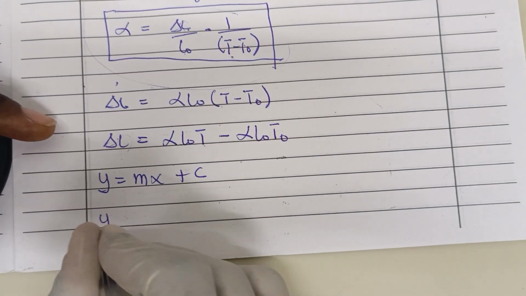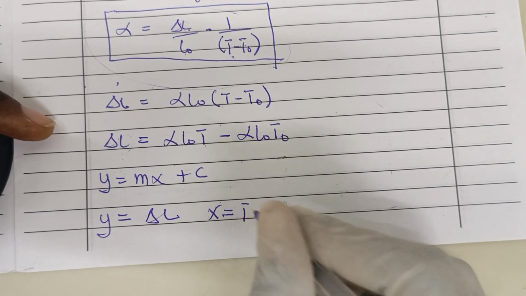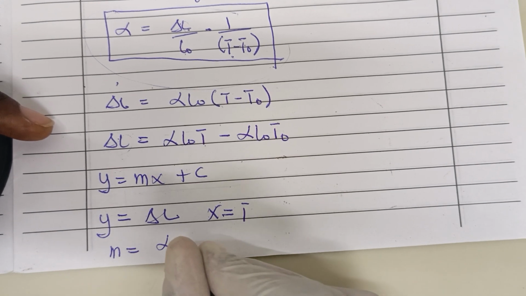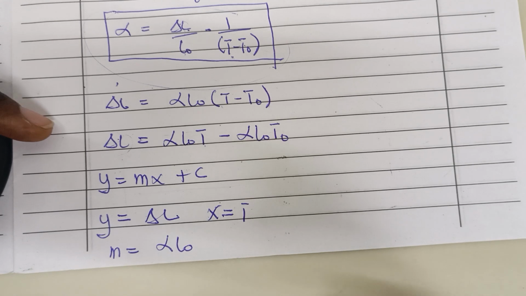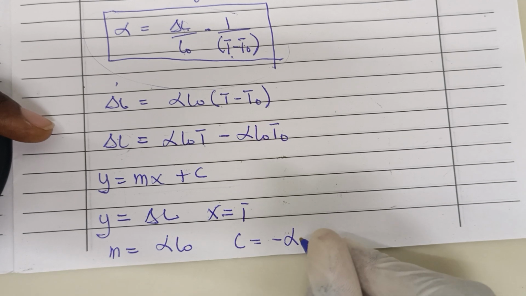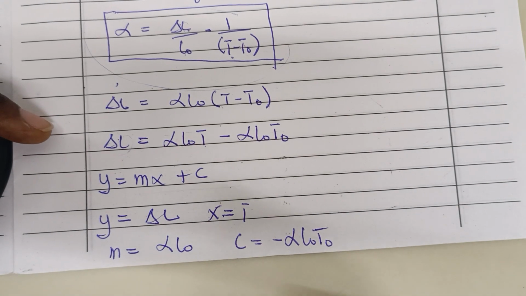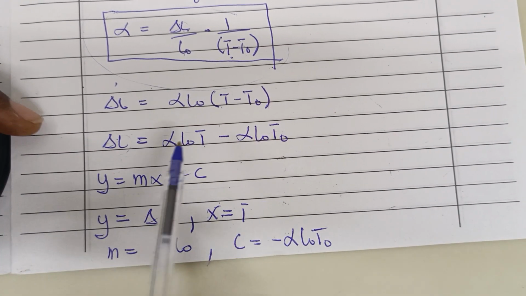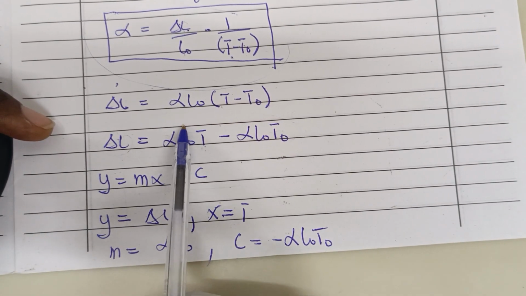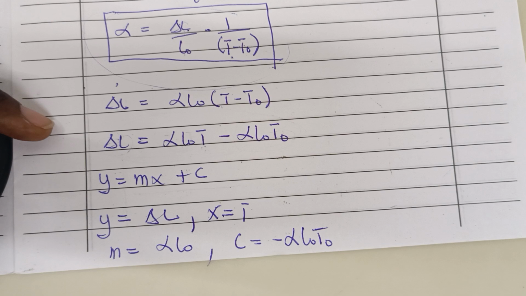Our y component is change in L, our x component is T, our gradient or slope is the coefficient of linear expansion times L naught, and our intercept is negative coefficient of linear expansion times L naught times T naught.